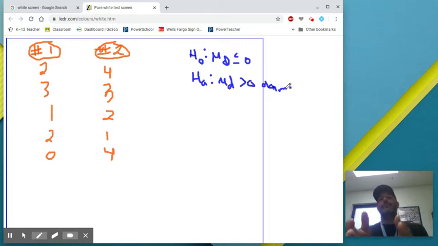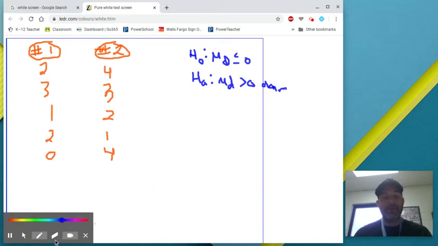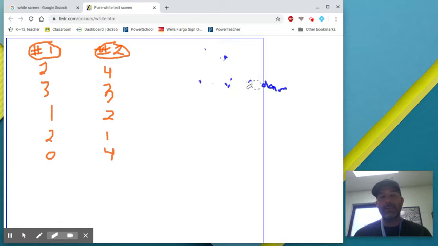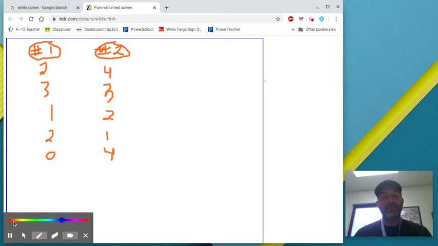Because what you're thinking is, hey, the numbers are going up, so the mean would be greater than 0. Well, we're talking about the mean of the differences. So I need to erase this, and let's take a look at what those differences would be on our little problem. You skip this part because you do it in your calculator, but we would have a column D for differences.